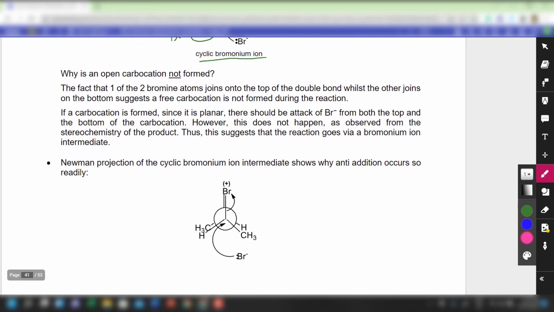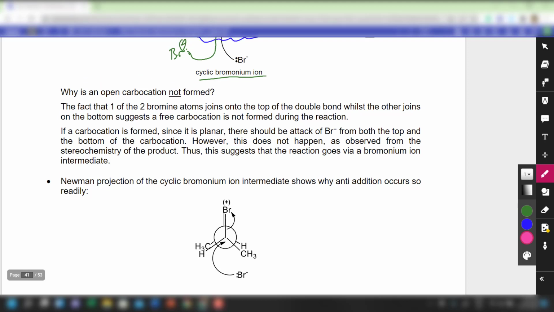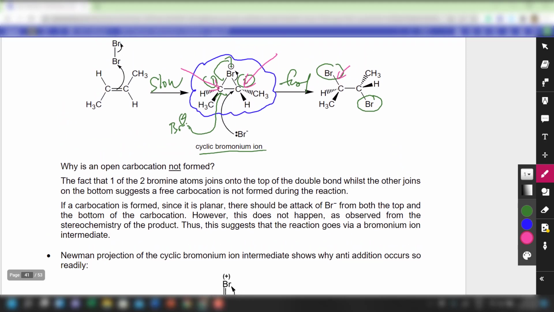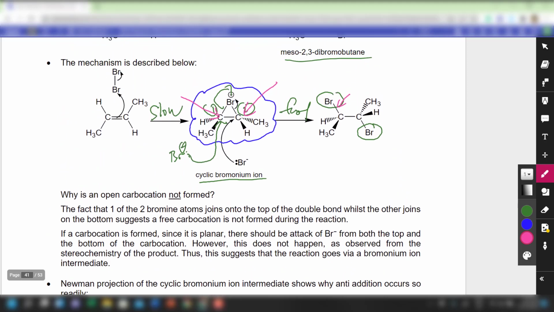Some students will ask whether the cyclic bromonium has been established. My answer to you would be yes. The cyclic bromonium cation has been isolated using experimental means. But the isolation usually involved the chemists introducing very bulky groups over here.